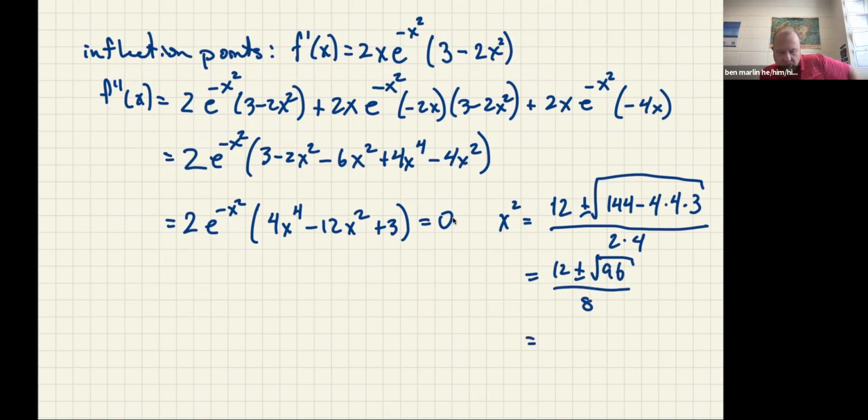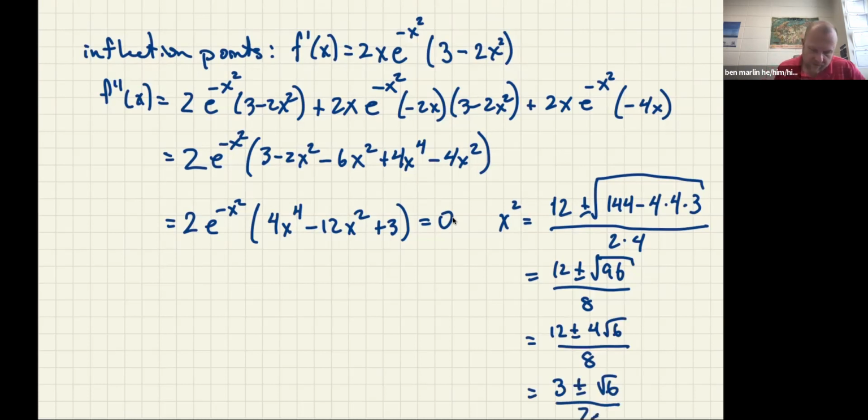And out of 96, I can factor a 16. So that is 12 plus or minus 4 square roots of 6. And that simplifies a little bit as being 3 plus or minus square root of 6, all divided by 2.